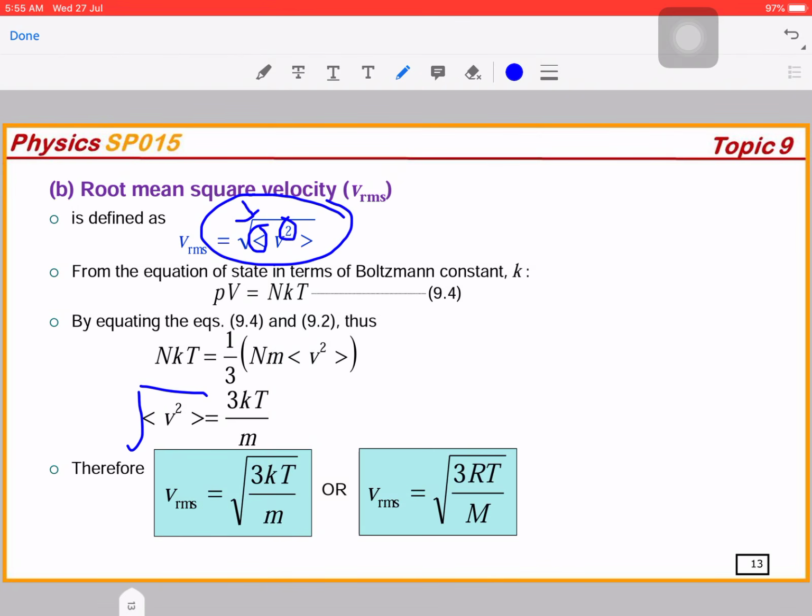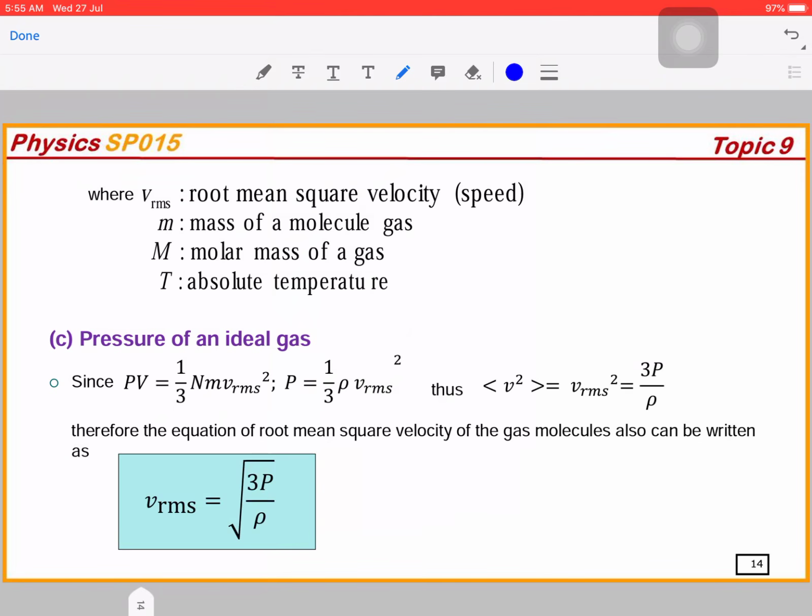Or Vrms equals square root 3RT over m. So you have to use this equation a lot for Vrms. Okay, so Vrms is root mean square velocity. It is a speed. Okay, and then m is mass of molecules. Capital M is molar mass of gas, and T is absolute temperature.